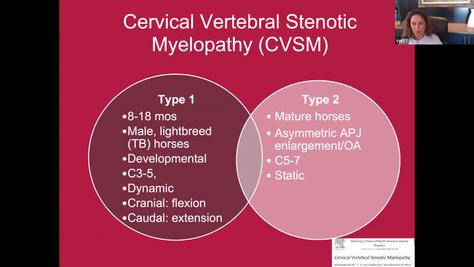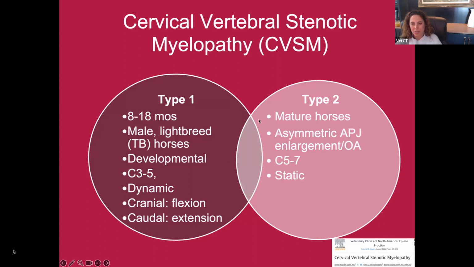Oftentimes it's a dynamic lesion, meaning it doesn't necessarily compress at all times, but it compresses as the horse goes through its range of motion, often in flexion of the cranial cervical spine. Those horses may not show themselves until they start going to work around 2 years old or so, even though they've probably been affected their whole lives.